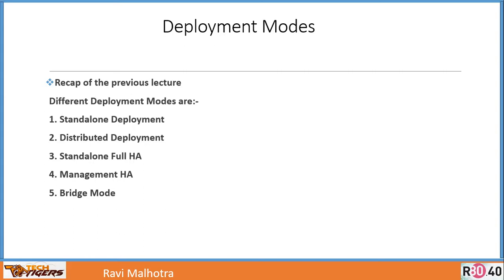As you can see, we have 5 different types of deployment modes in Checkpoint. These two are very common, guys. One is called standalone, the other is called distributed. But both of these do not provide high availability.